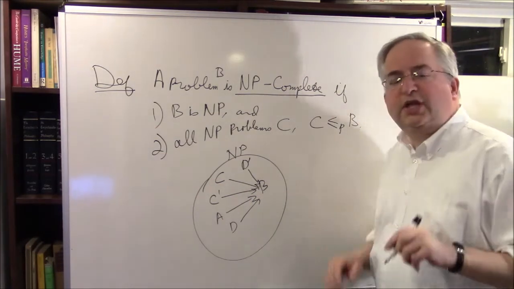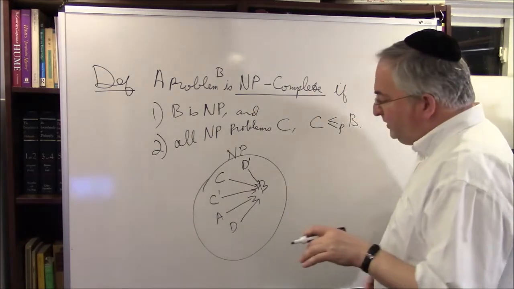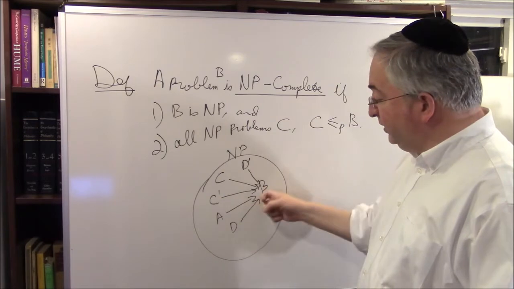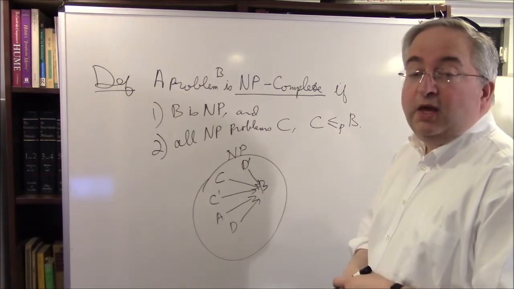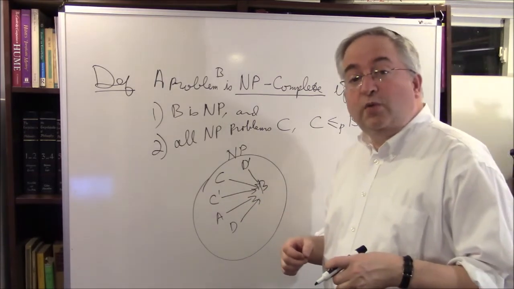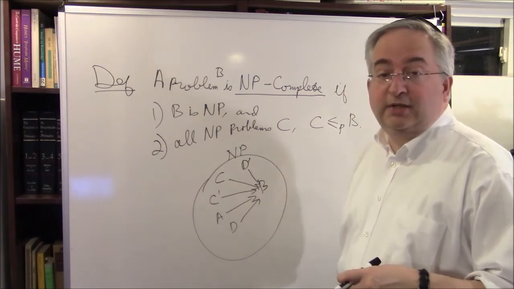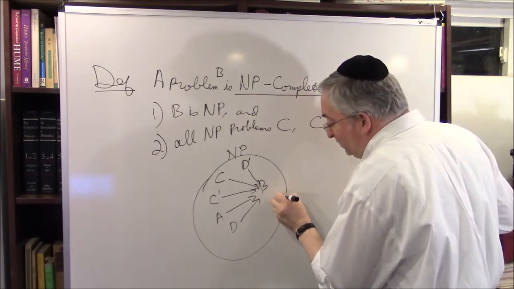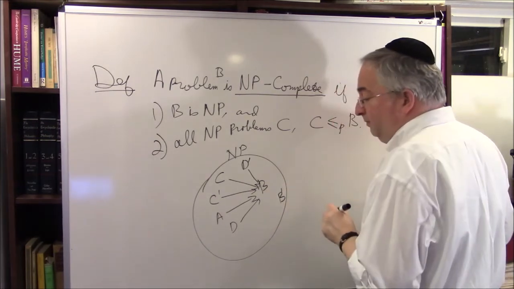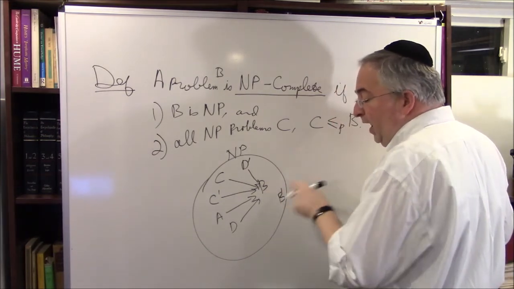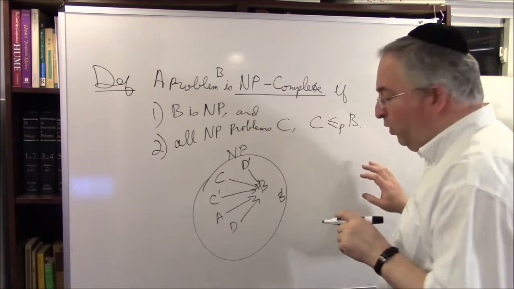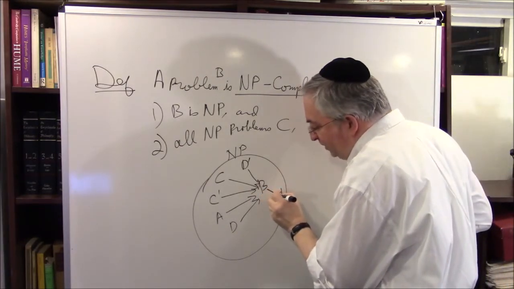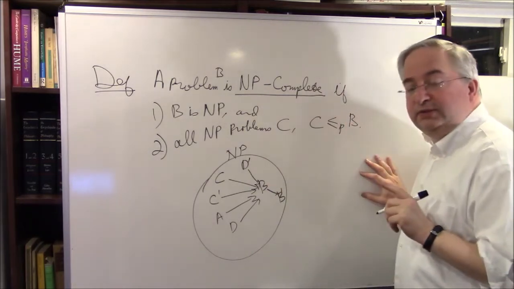Let me tell you one other thing. Let's say I have a problem that's NP complete. That's great. This is a very hard problem. Let's say I want to show another problem is NP complete. Watch what I have to do. Let's say I have another problem called B prime. All I have to do is change this problem into this problem, and look what happens.